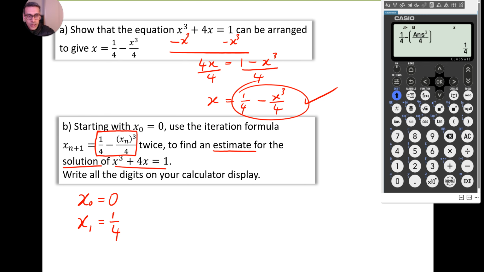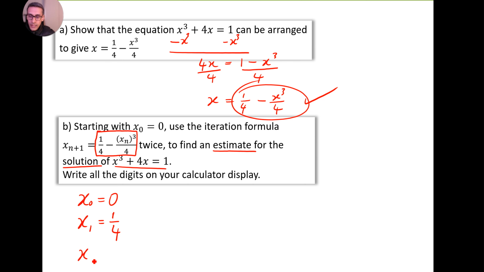And now we just need to press the equals key again to work out the next term, which is 63 over 256. Now we should actually change this to a decimal. It makes sense to write these as decimals because these are estimates. So x2 equals 0.24609.